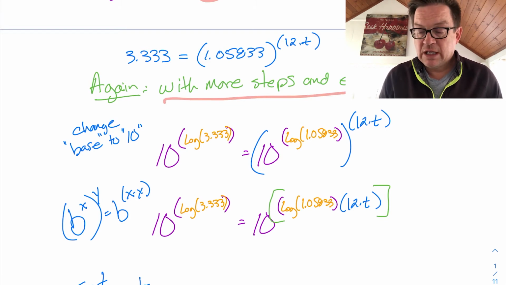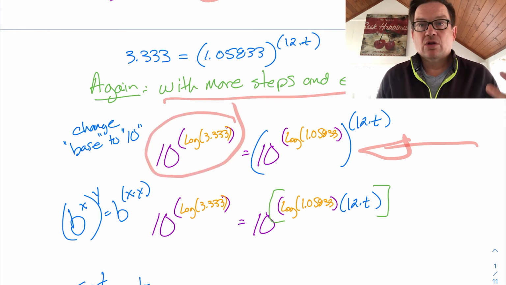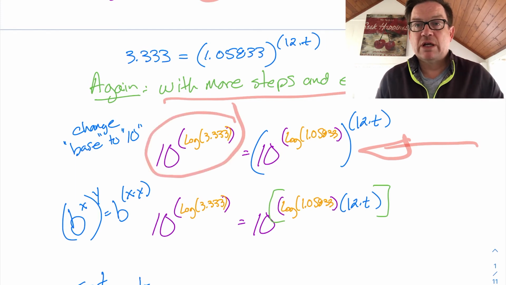The first thing is you change the base. The bases were 3.33 and 1.00583, the two ugly bases. Change those to base 10 by using the log base 10. Here, log of 3.33 is defined to be the number that if you raise 10 to that power, you get 3.33.